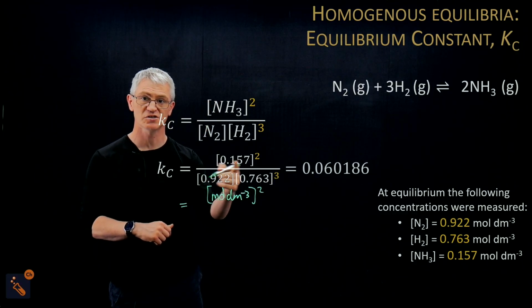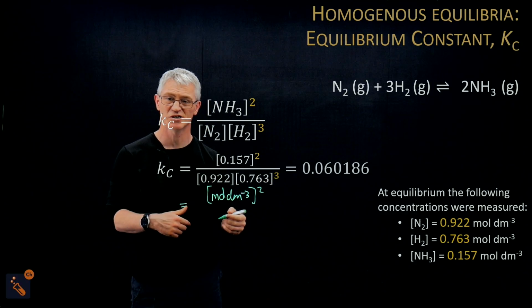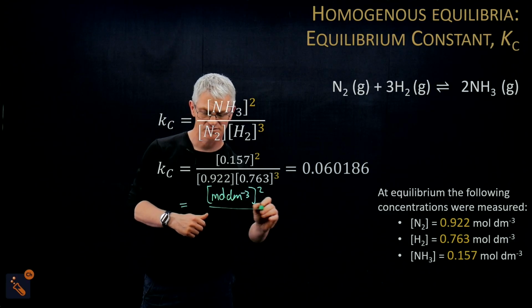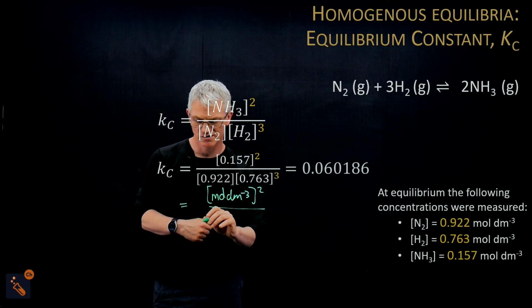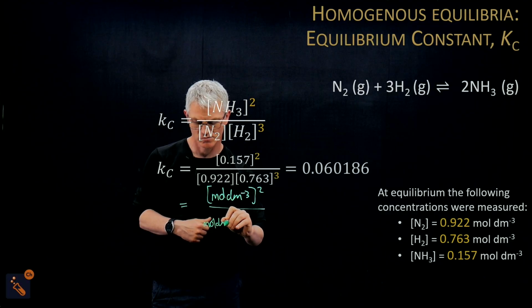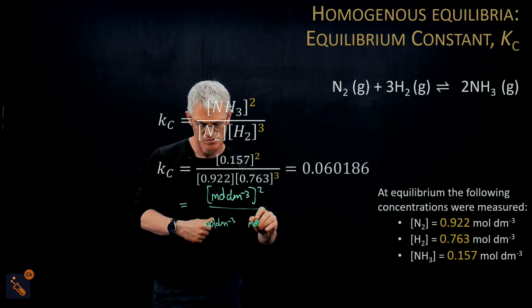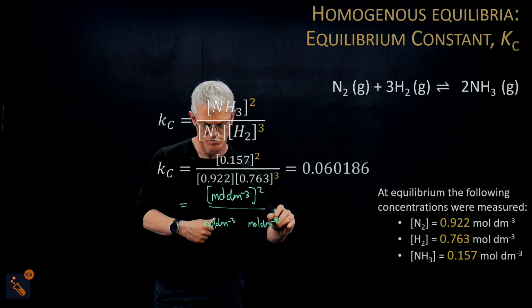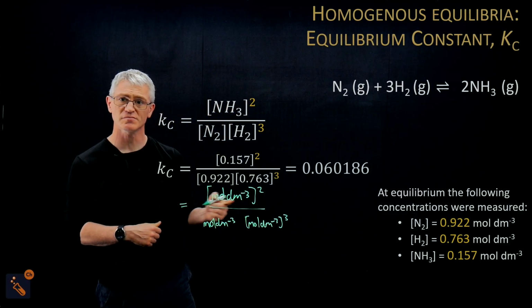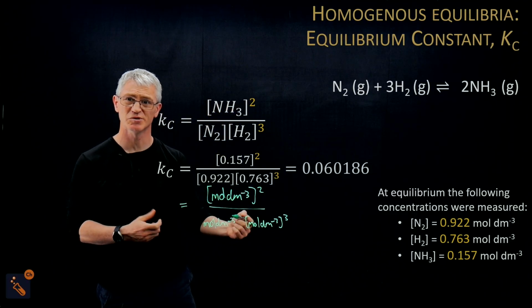I've just copied the units, because concentration is moles per decimeter cubed. Then we do it again for the bottom, and that's to the power of 3. All we've done is copy this and put moles per decimeter cubed in.